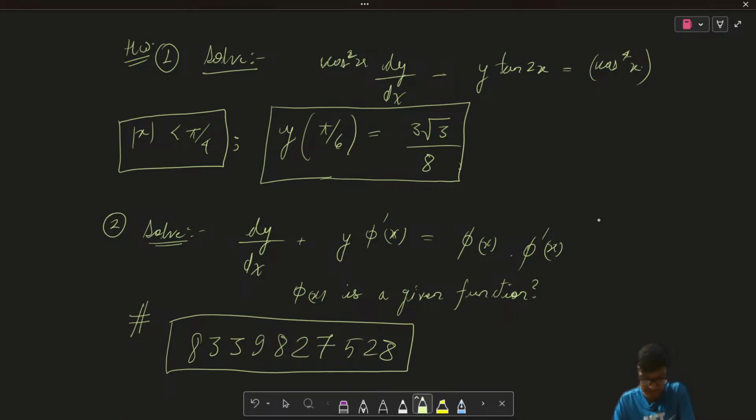So, in our last class, I gave you these two homework problems to practice. If I talk about the solution, the first question is very simple.